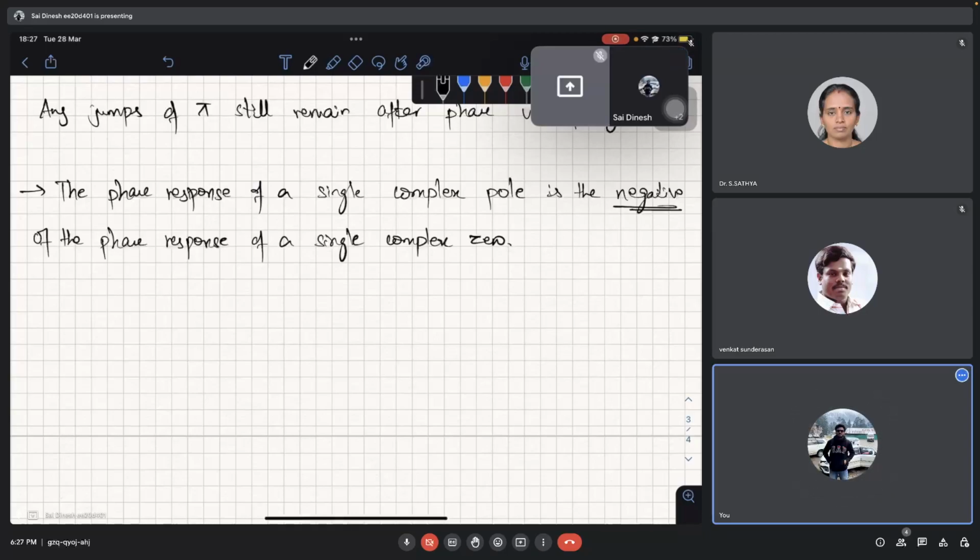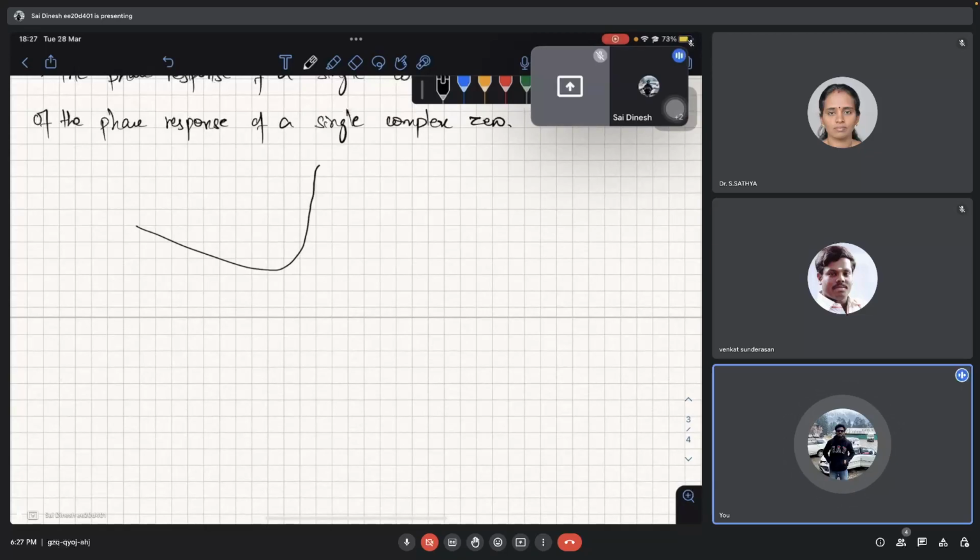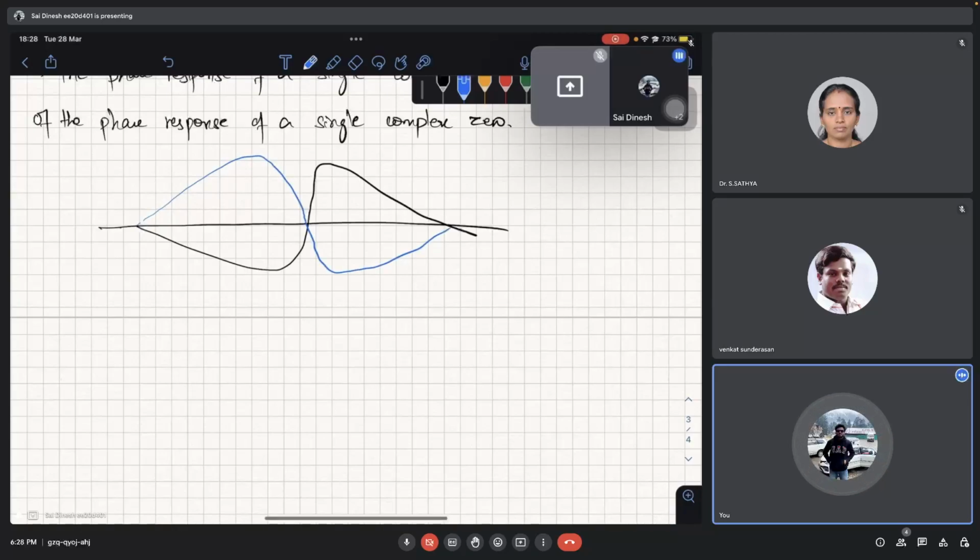Basically, as we saw earlier, the phase response of a single complex pole was somewhat of this shape. The single complex zero has something of this sort. Complex zero. And this is omega, right?